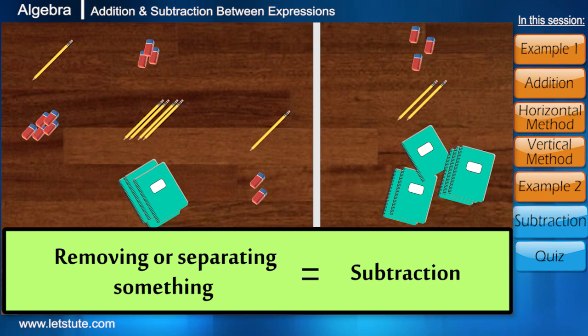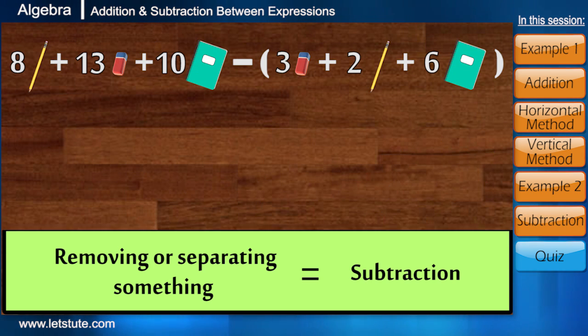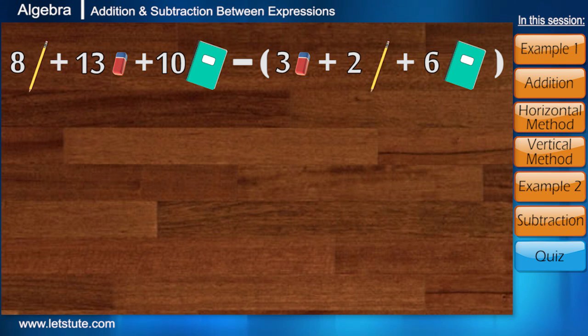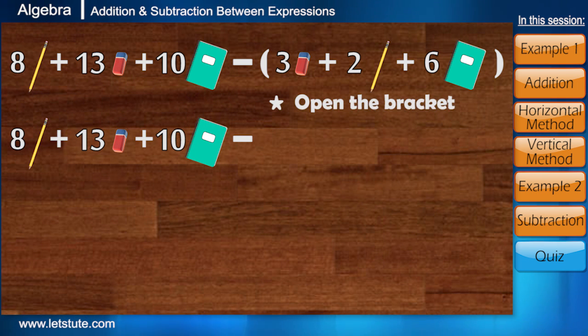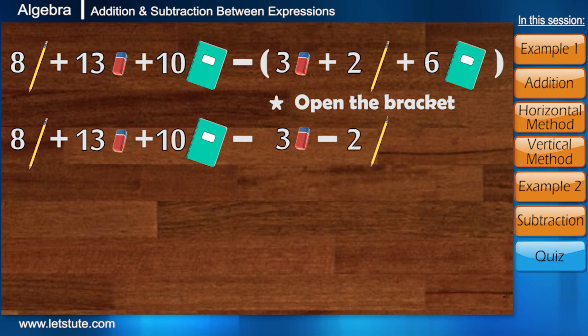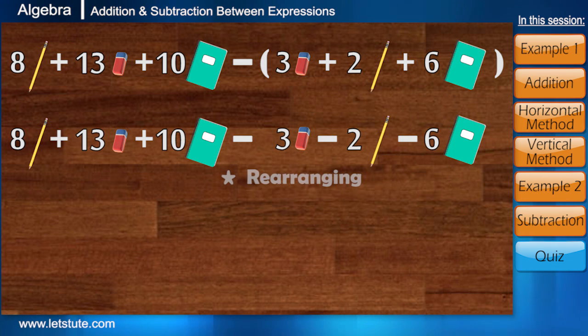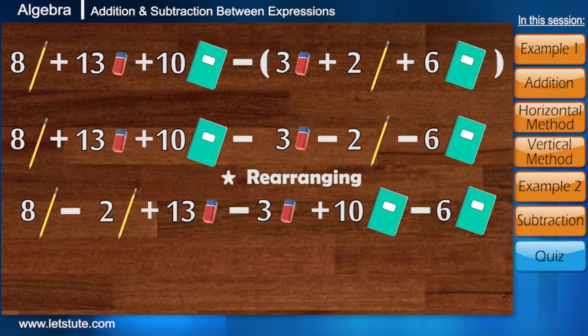So for this situation, we can write a mathematical statement. I hope you have understood why I have taken this minus sign here. This minus sign because we have to subtract the stationeries. So this will be minus 3, minus 2, minus 6. We'll rearrange.